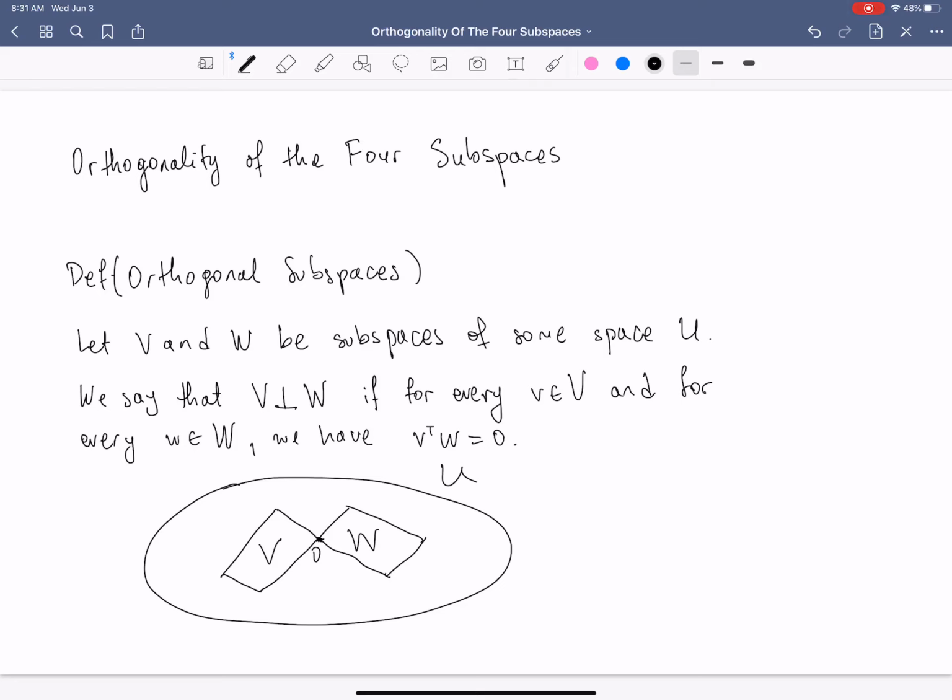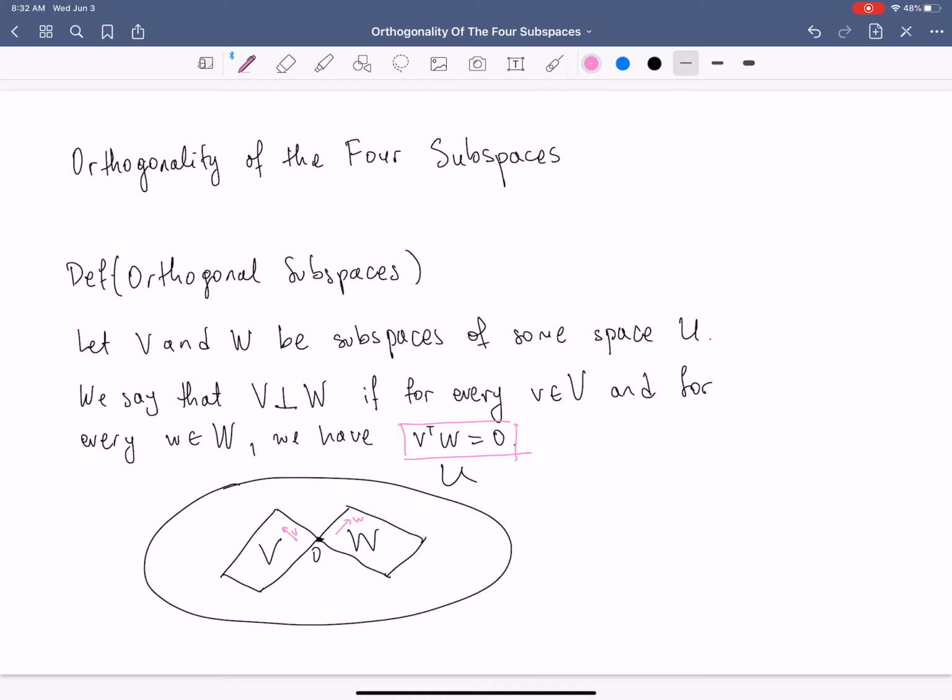The reason is that if I take some vector V in here, and some vector W in there, then those two vectors are going to be orthogonal. And V transpose W is just another way of writing the dot product between V and W. So if the dot product between V and W is 0, that means the two vectors are orthogonal. So when do we have orthogonal spaces? When every vector in the one space is orthogonal to every vector in the other space.